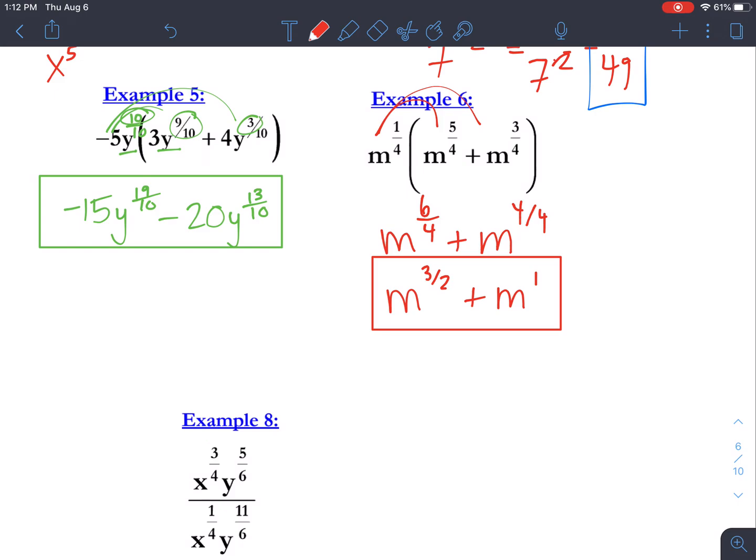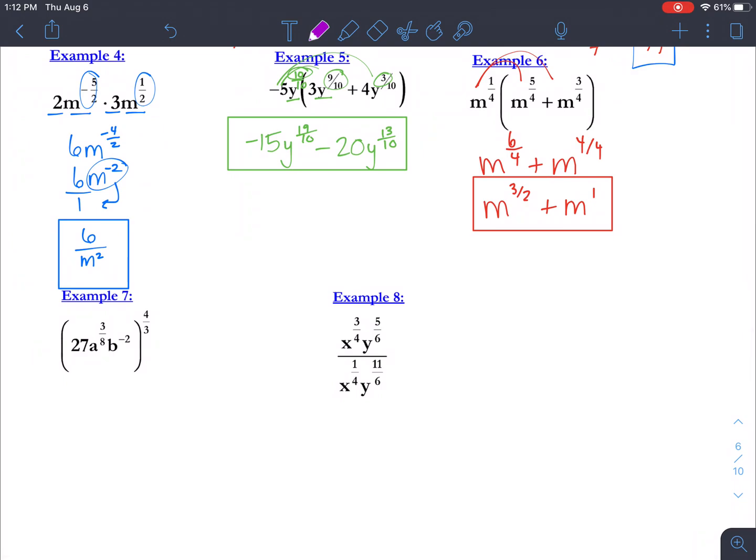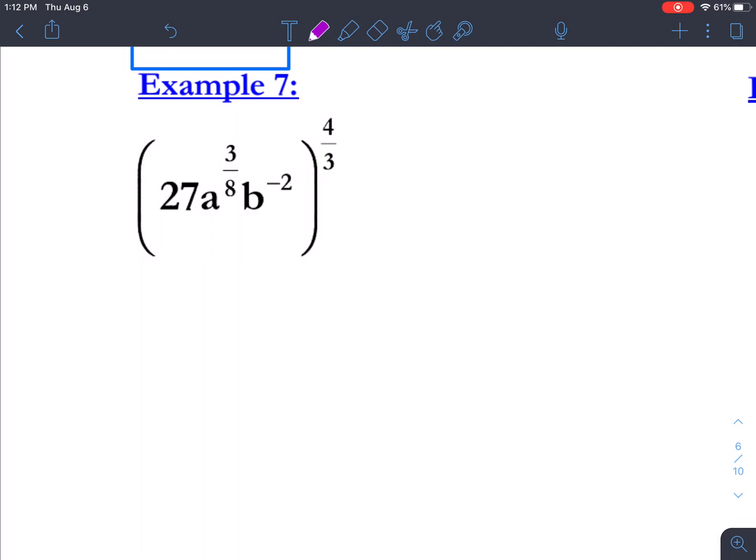All right, so again, pause if you need to. We're going to wrap this up with these last two examples. Okay, so example 7, we've got something on the outside, that 4/3, and we have a product in here, so we can distribute to each piece. My recommendation, just write it unsimplified first. So 27 to the 4/3.